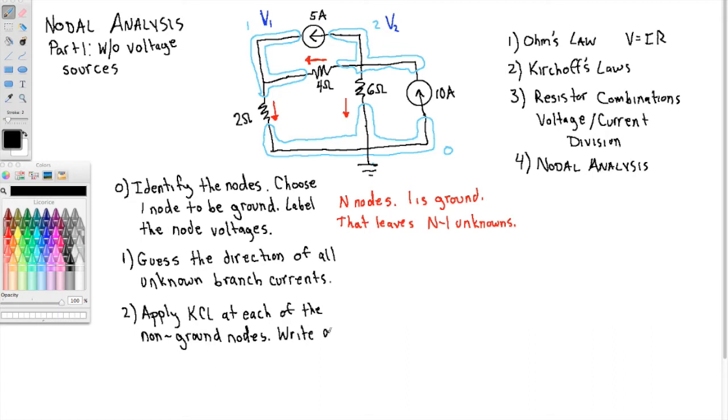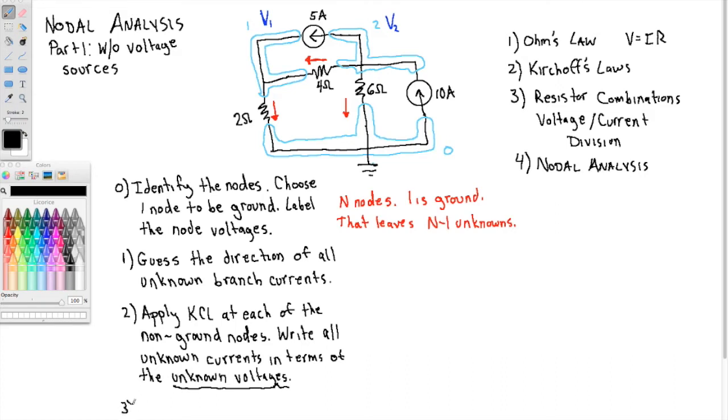But write all unknown currents in terms of the unknown voltages that we've already decided we're going to solve for. Voltages. These are our unknowns, the voltages. In nodal analysis, just as the name suggests, nodal, node voltages are the unknowns here.